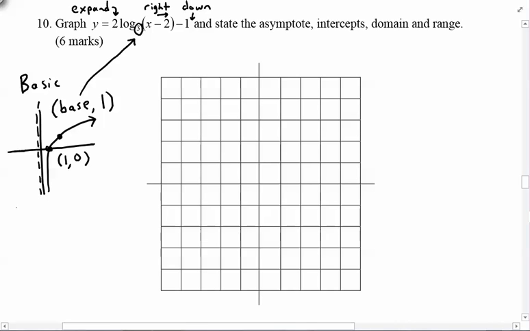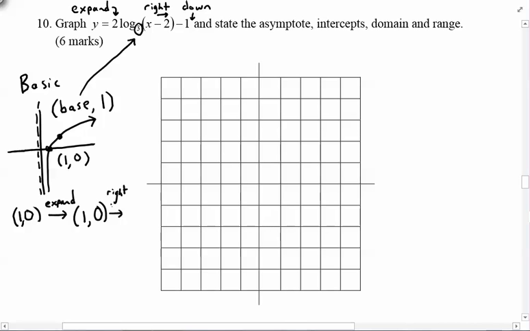So we'll take the point (1, 0). The first thing that we'll do is expand it. So we're expanding the y values, and y times 2 is 0 times 2, which is still 0. Then we'll move it right 2.